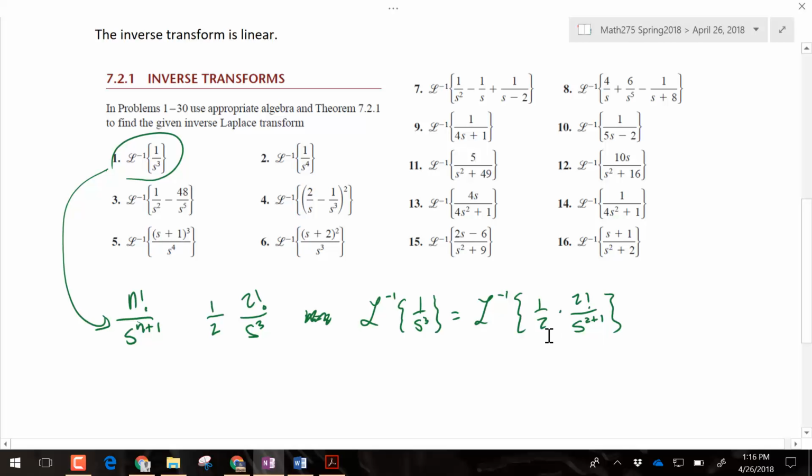And because the inverse Laplace is linear, the 1/2 can go outside, and then we take the inverse Laplace of this. And what is that? t to the 2, t squared. So that's your inverse. Okay? That's not so bad.